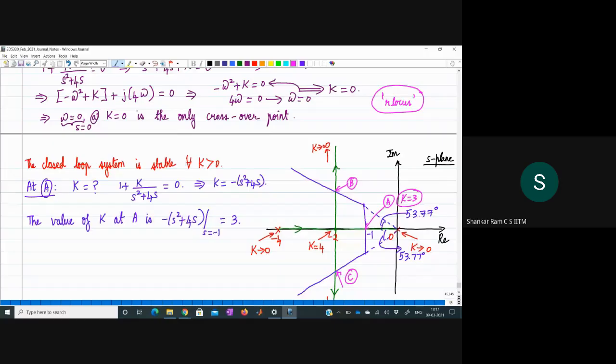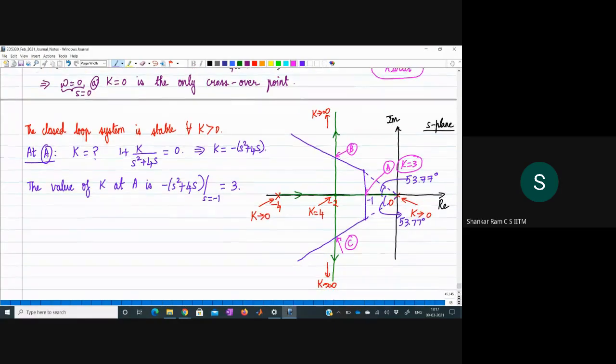But they don't remain there forever, because at point B and C, I go outside the trapezoid. So we need to figure out what happens at point B and C. How do I get the values of k at point B and C? We follow the same steps, but we make use of the fact that the root locus is a mirror image about the real axis.